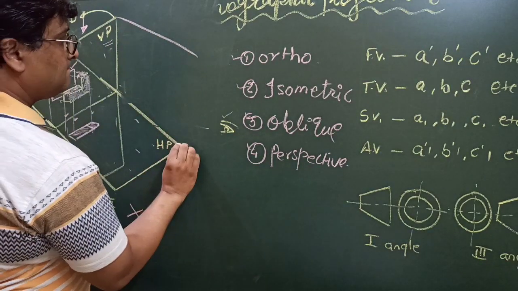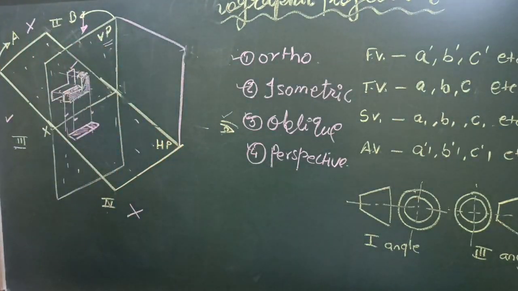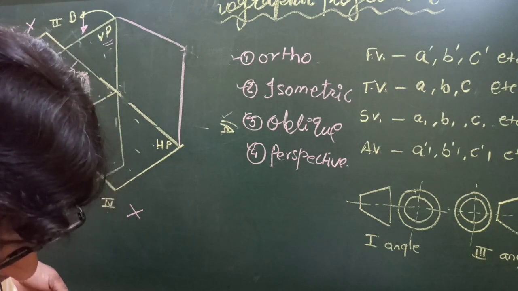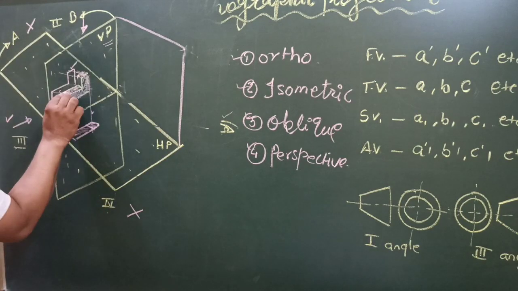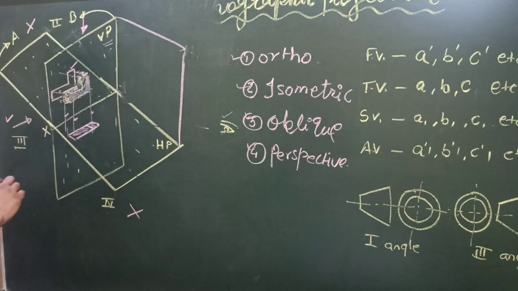Third plane will be there if we are taking the left side view and we are looking from this direction. So whatever is visible in this diagram, say for example this part is visible and this part is also visible in the side view.